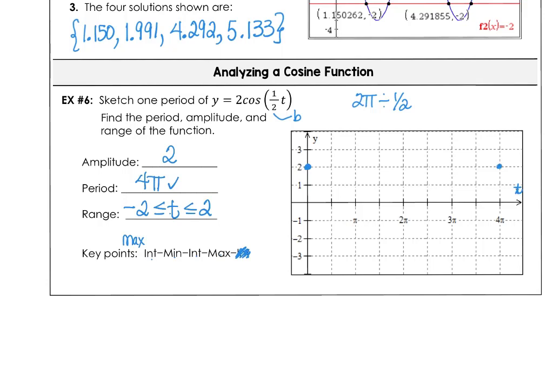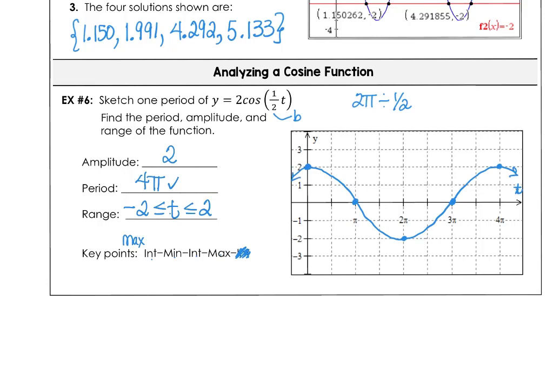And then halfway in between, we would have a minimum. In the first half, we need an intercept. In the second half, we need an intercept. And we need that smooth curve, max, intercept, min, intercept, max. So I hope your notes are right.